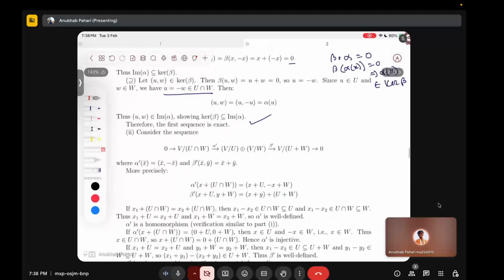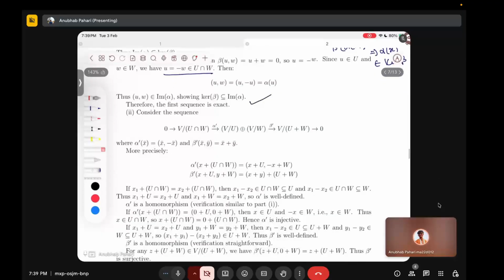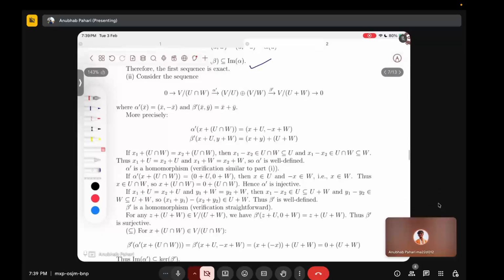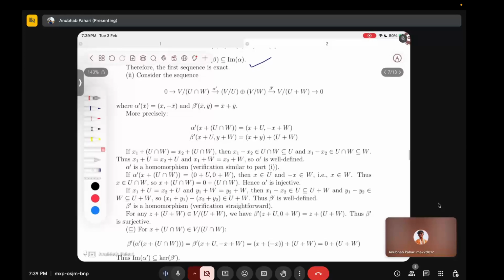I am showing you the diagram. Can you read it and tell me if you are understanding this?